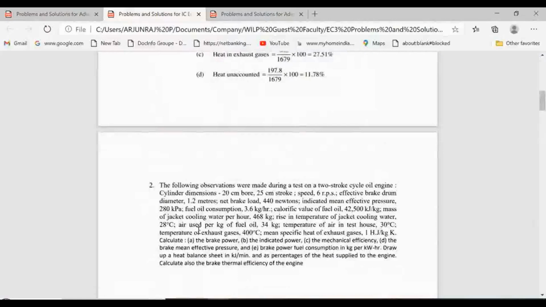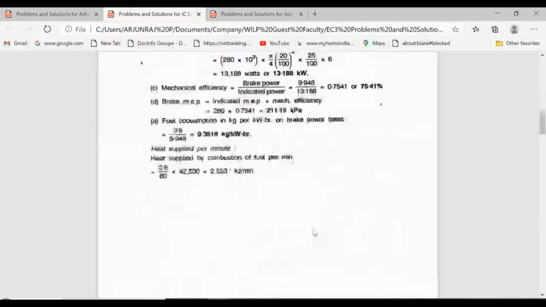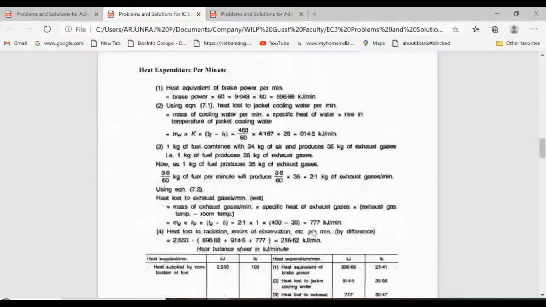So here they have given the air used per kg of fuel is 34 kg. That is a given statement. Okay, and here, 1 kg of fuel combined with 34 kg of air produces how much? So again, you have to add 1 plus 34, which will give you 35.